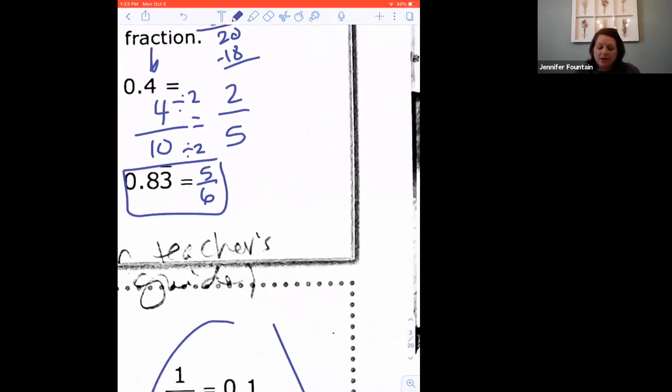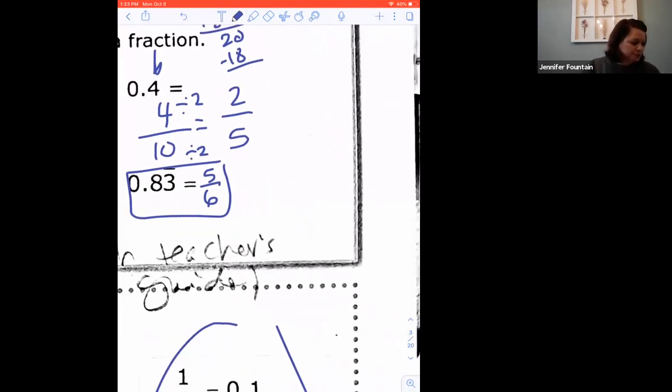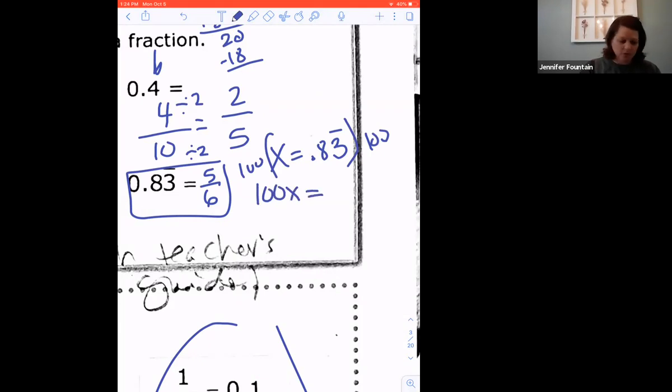The way that I end up calculating a repeating decimal is I set x equal to my repeating decimal. Now, if I were going to clear this decimal, I would have to multiply it by 100. So I multiply that side by 100 and that side by 100. So now I've got 100x equal to 83.33 repeating.